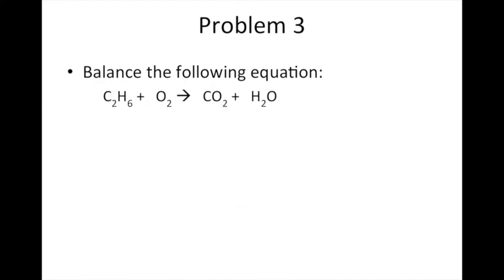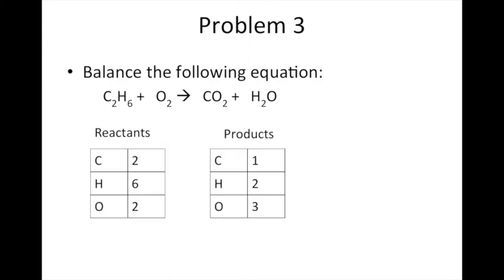So let's try a couple more. See if you can balance this equation. Pause the video and then take a look at the answer. Okay. So I'm starting out with 2 carbons, 6 hydrogens, and 2 oxygens, 1 carbon, 2 hydrogens, and 3 oxygens on the product side.